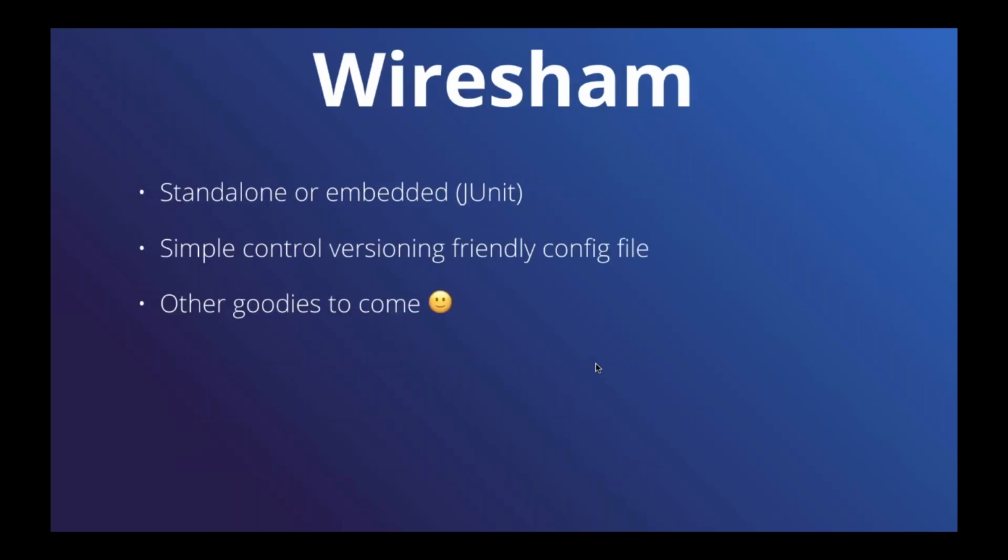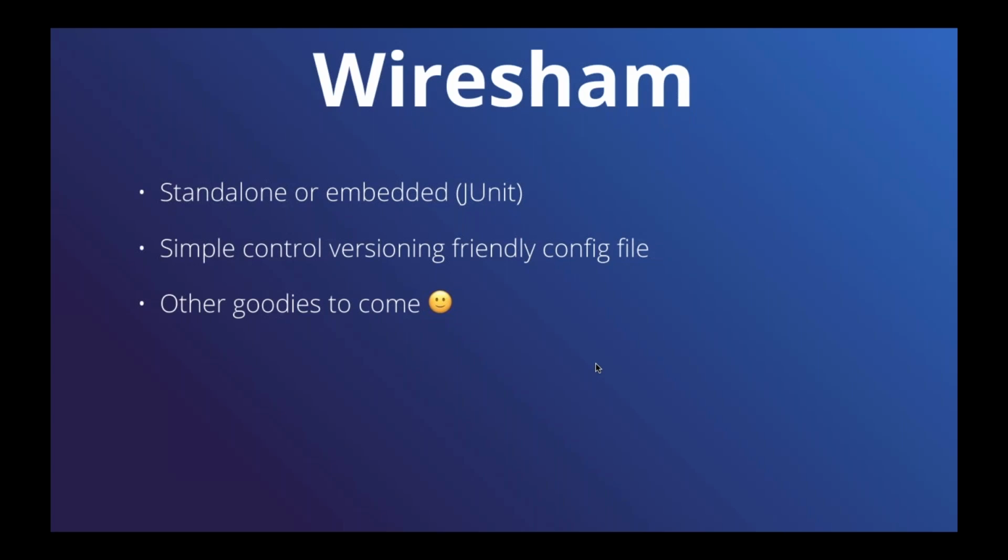So additional features of Wireshark: you can use it standalone, as I did in this demo on this webinar, or you can also use it in JUnit. It provides a very simple API for starting and stopping the service embedded in the JVM of the JUnit or any JVM test that you are using. Wireshark also provides this configuration file that I previously mentioned.